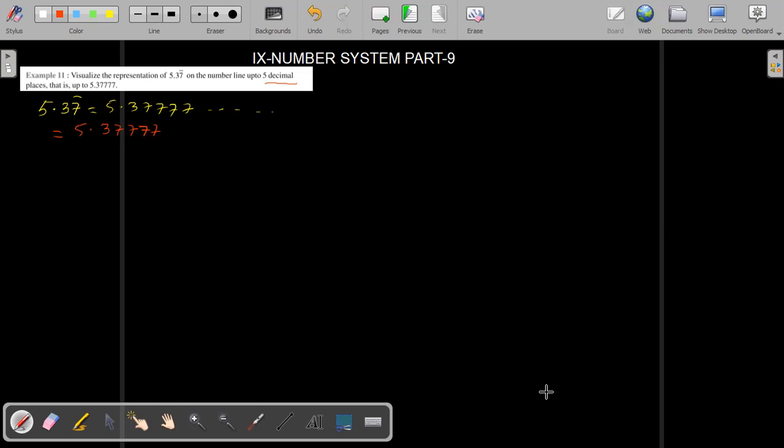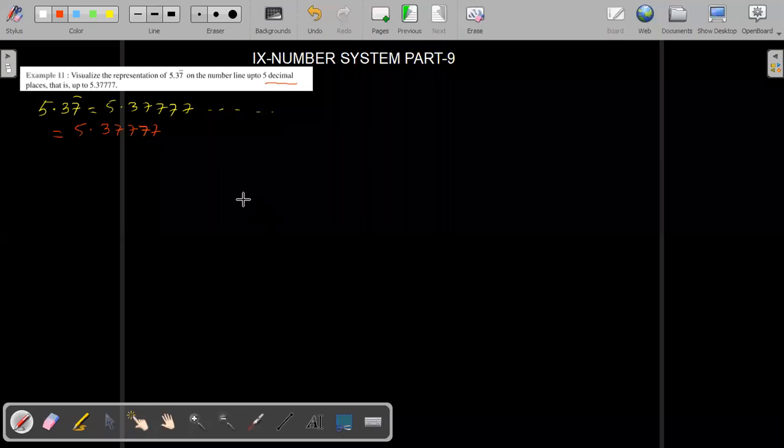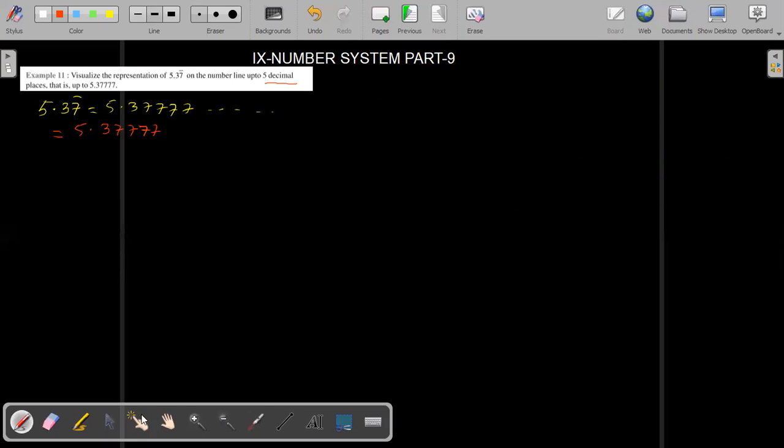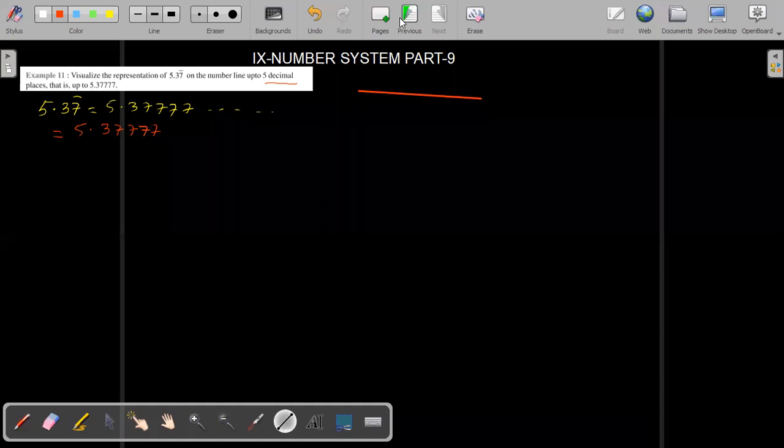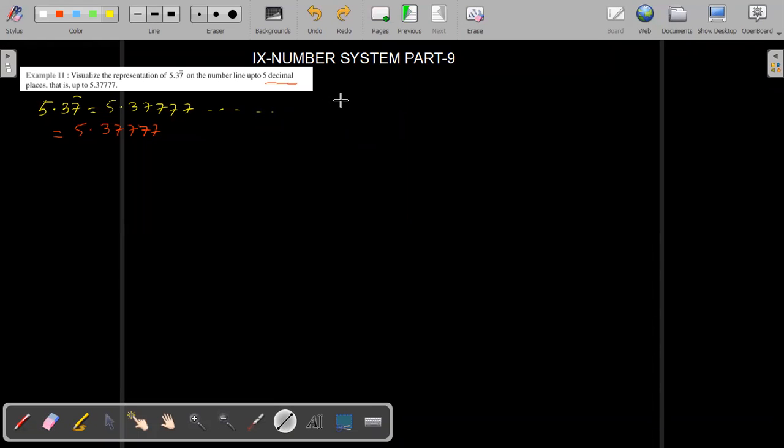So up to 5 places we have to represent this number on the number line. Now you can see how to make this diagram. You can do it with me, that is better for you. You can understand better if you do it with me.